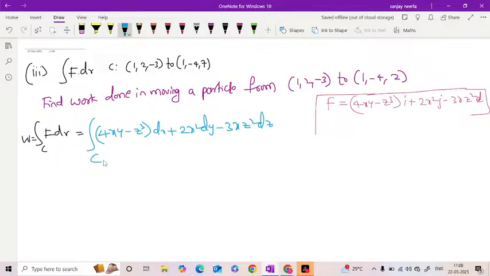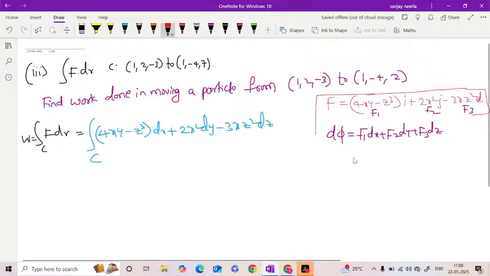along the curve C. But according to the previous one, what is the d pi value? d pi is f1 dx plus f2 dy plus f3 dz. Assume it is f1, f2, f3.